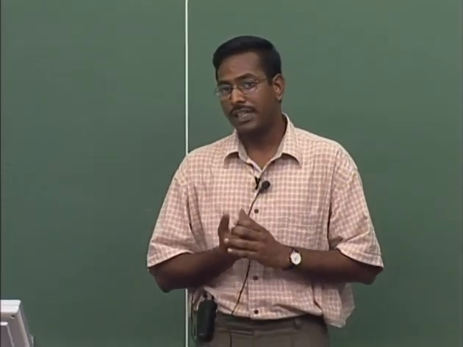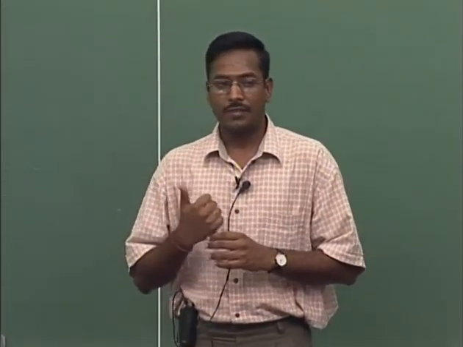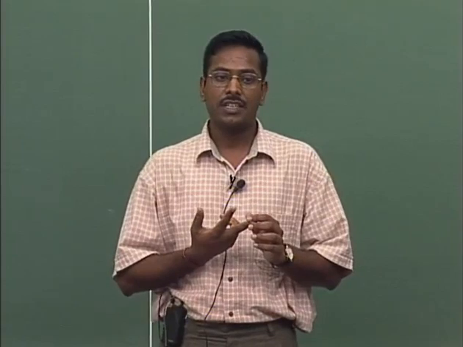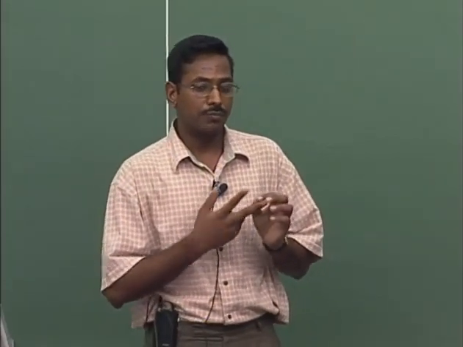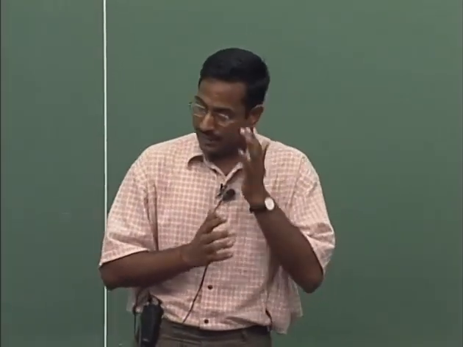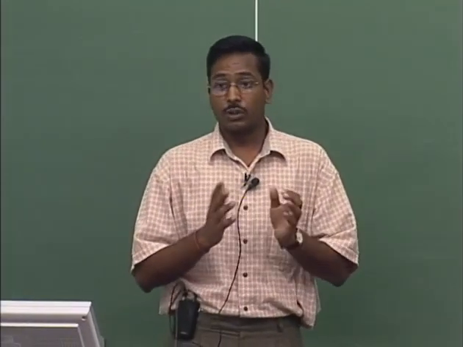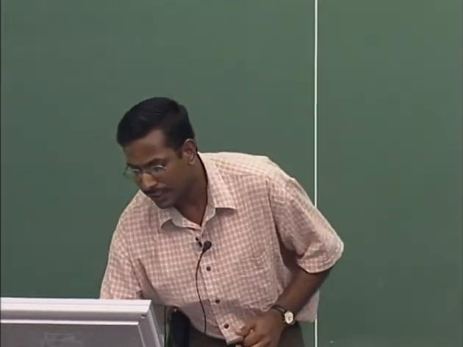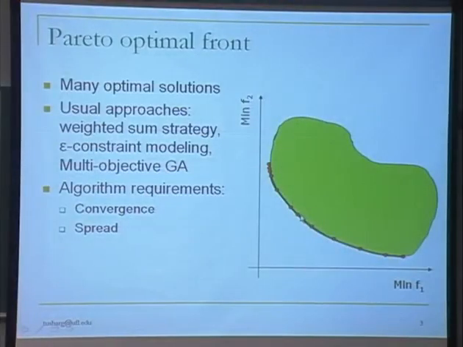If we can converge to a single objective optimization solution, that is what we need. Whereas in the case of multi-objective optimization problems, we have two requirements. First, we should be able to converge to the optimal solution, and second, we should be able to get a good spread. What I mean by spread is, for this particular example, we have this extremity and this extremity, which are probably the optimal solutions when I just consider individual objectives.